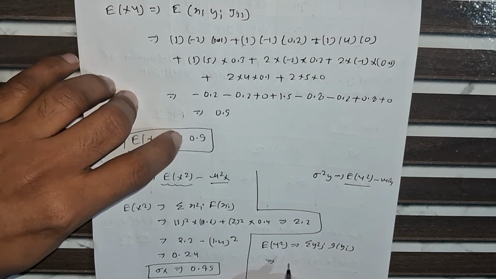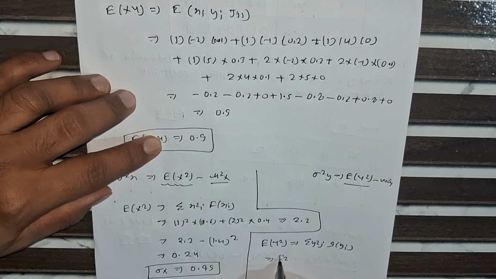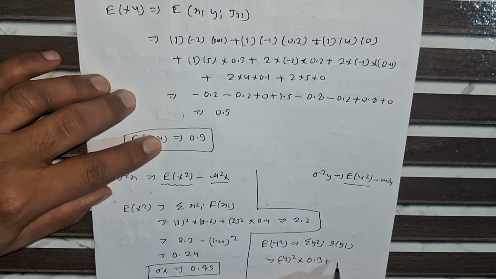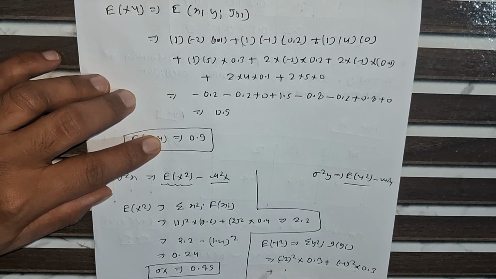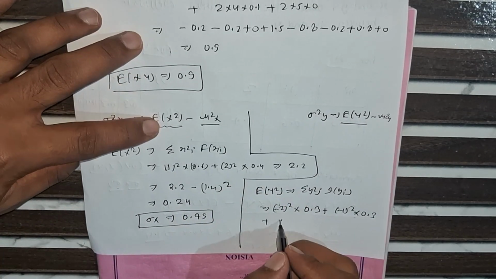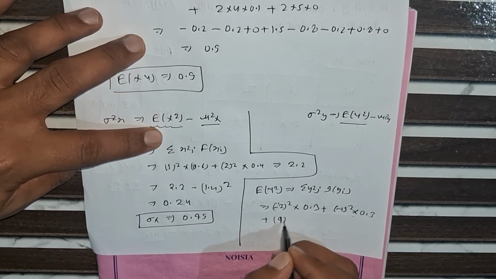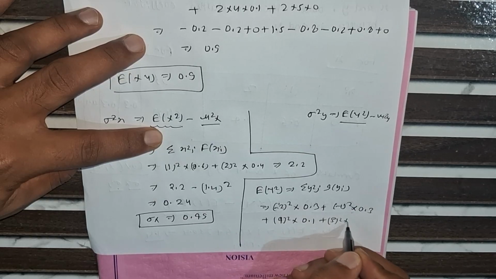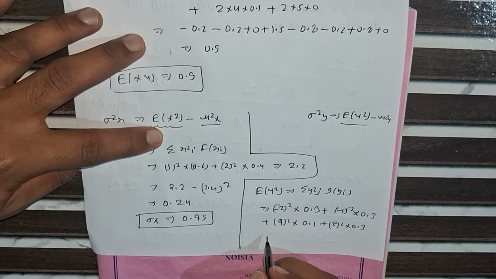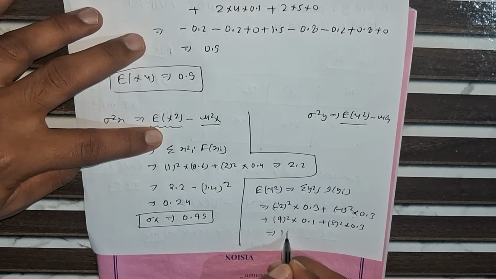So minus 2 the whole square into 0.3 plus minus 1 the whole square into 0.3 plus 4 the whole square into 0.1 plus 5 the whole square into 0.3. When you solve it, it becomes 10.6.